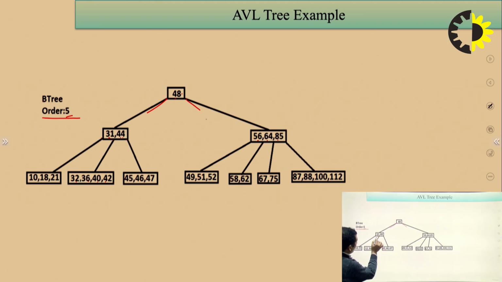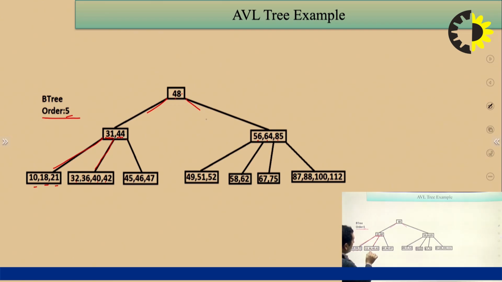The values less than this particular key, 31, lie in the left subtree, that is 10, 18, 21. Values greater than 31 and less than 44 lie in the child node between them, that is 32, 36, 40 and 42. Values greater than 44 lie in this subtree.